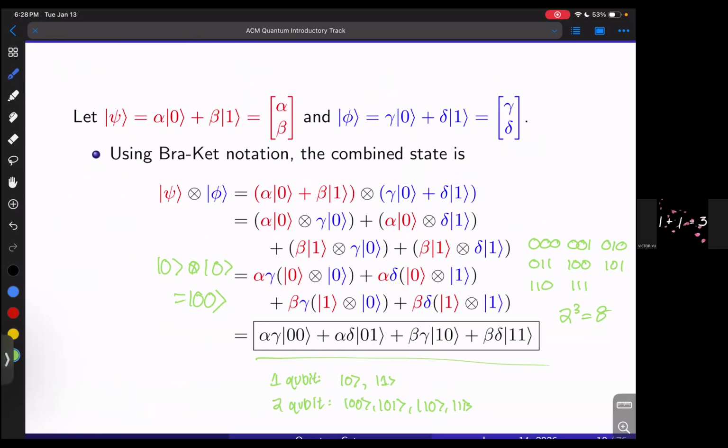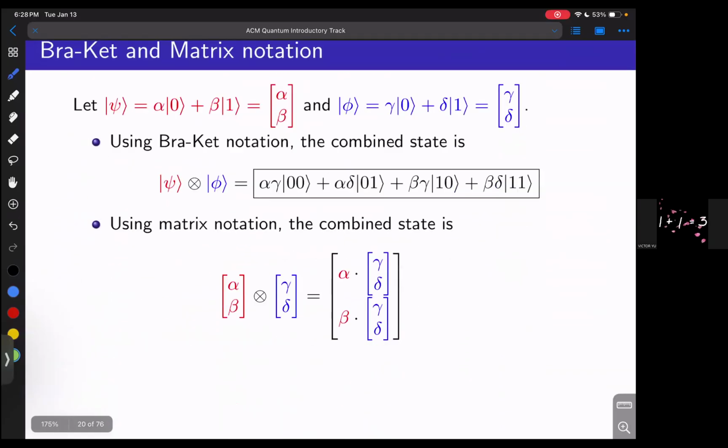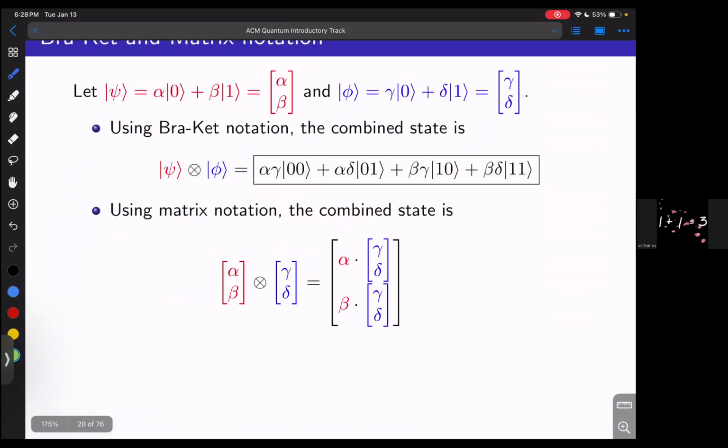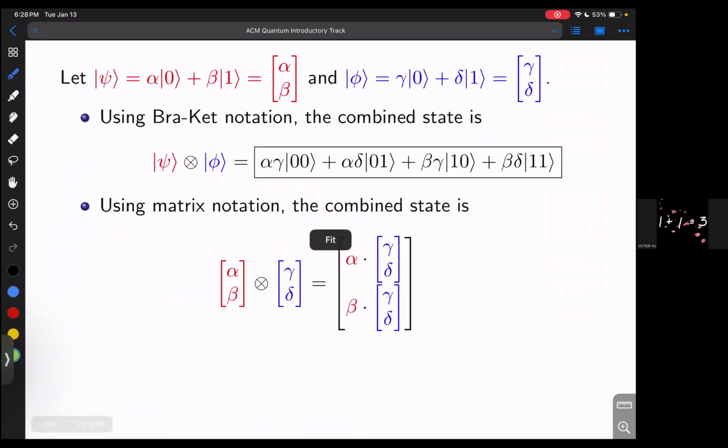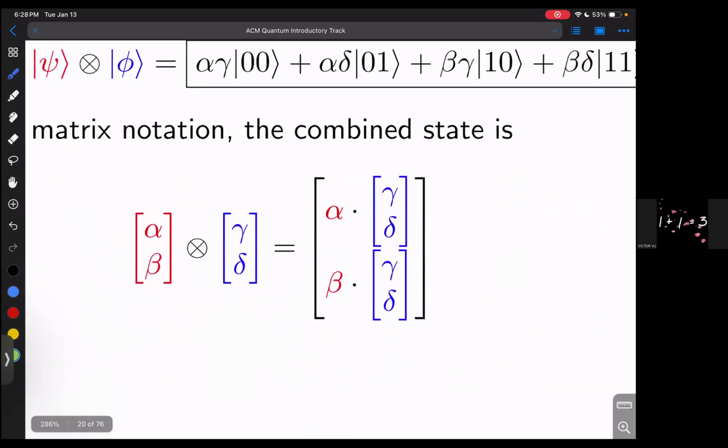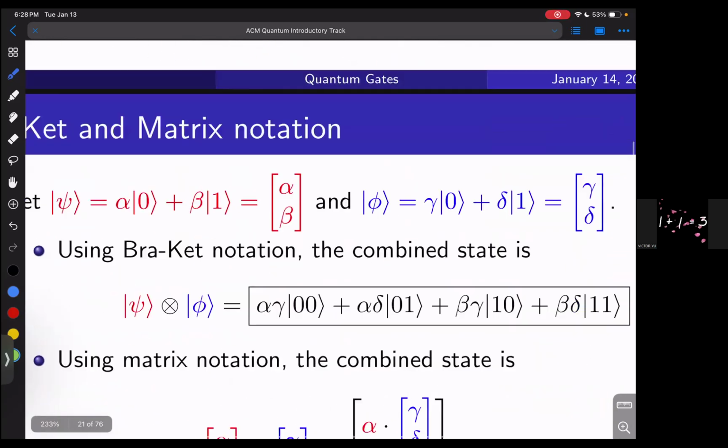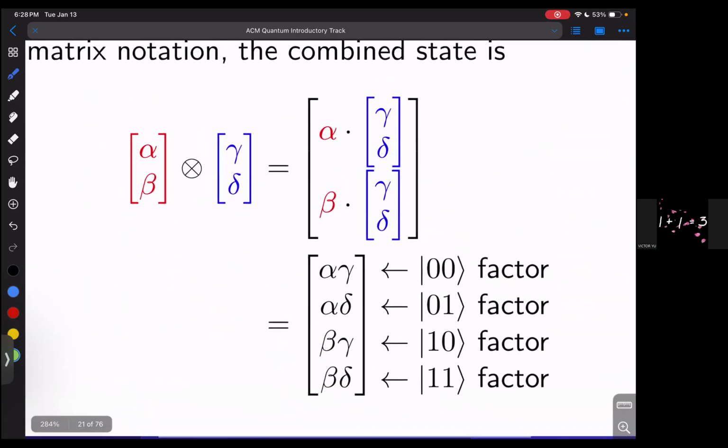Okay, so that's the bra-ket notation. Now we're going to use matrix notation, and the tensor product actually looks way easier. This is just how it's mathematically defined. You basically take the second vector and throw it into the first coefficient. So we get alpha times the second vector, and then the second entry will be beta times this. And then we get this length 4 vector.